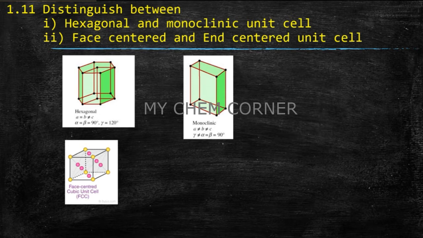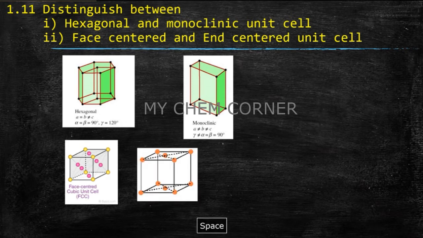How is it going to be different to an end-centered? In the end-centered diagram, if you're sitting in a room, the wall facing you and the wall behind you, those are the two ends of a crystal. Or you can say the wall that is above you and the wall that is below you, that is the roof and the floor. Those are the two ends of a unit cell. So you're considering any two ends when you're talking about an end-centered unit cell.